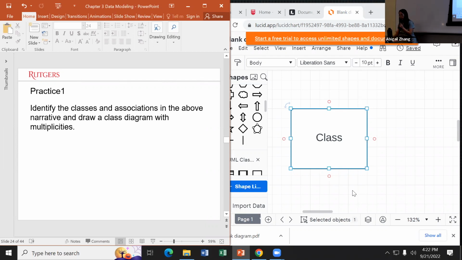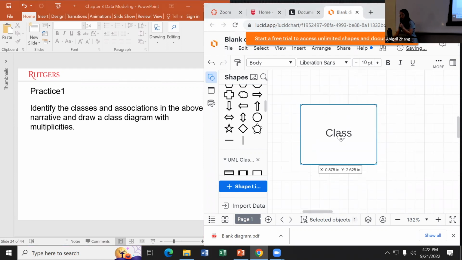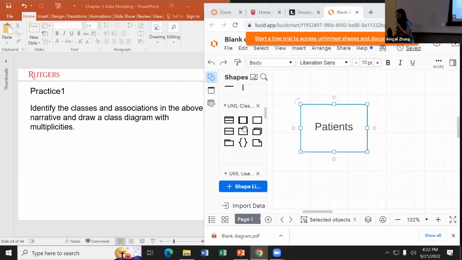And in our case, if I were to identify one class, I will go first. I will say patients. And patients are one class here in the description. What about other classes? Then it's your turn. So let's put another class next to it.